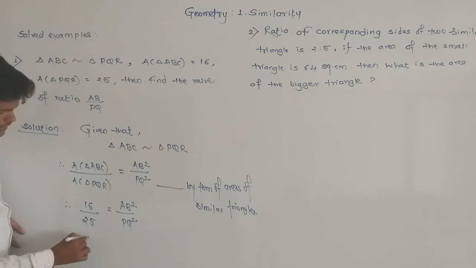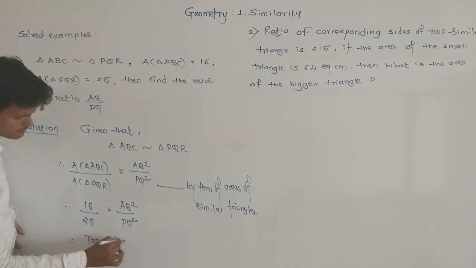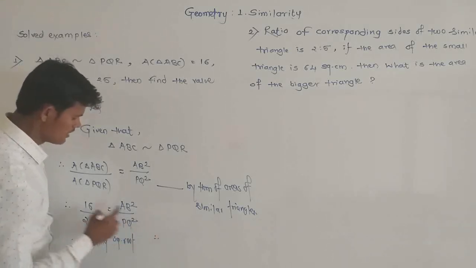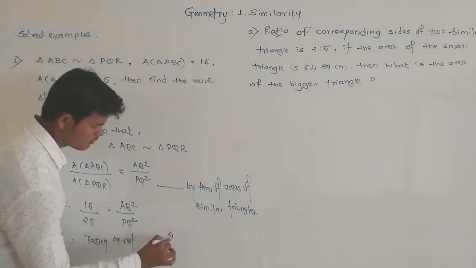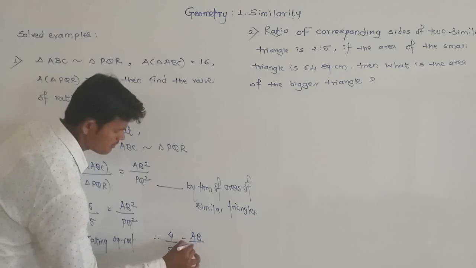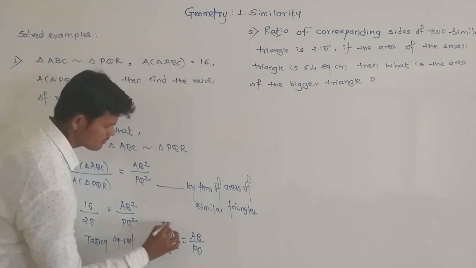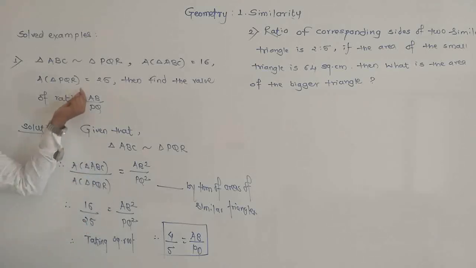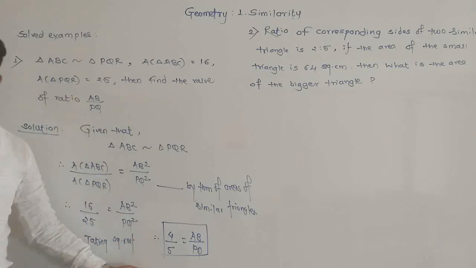So taking square root, the square root of 16 is nothing but 4, and the square root of 25 is 5. So we get AB upon PQ is nothing but 4 upon 5. This is the value of the ratio AB upon PQ, that is 4 by 5.